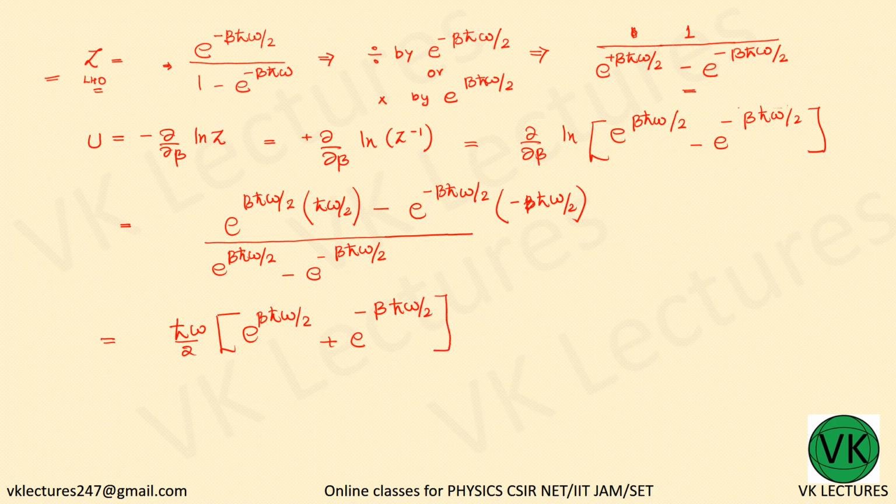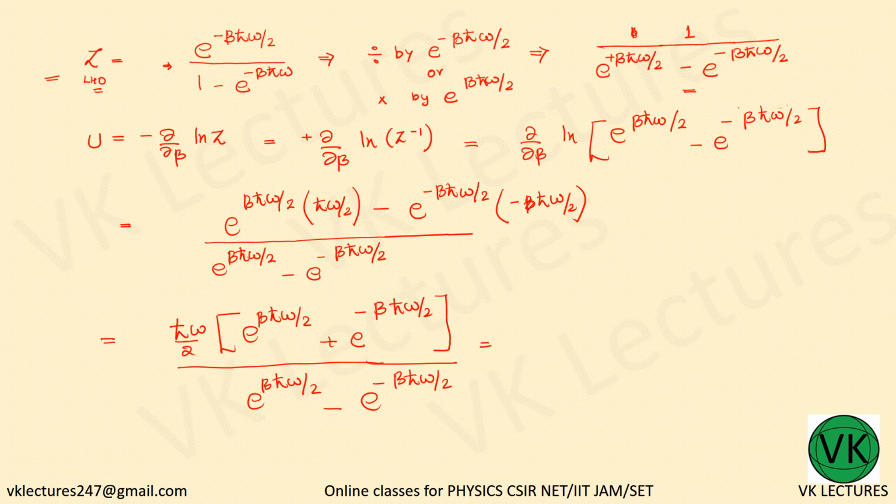That accounts for the numerator, and in the denominator we have e to the power beta h cross omega by 2 minus e to the power minus beta h cross omega by 2.